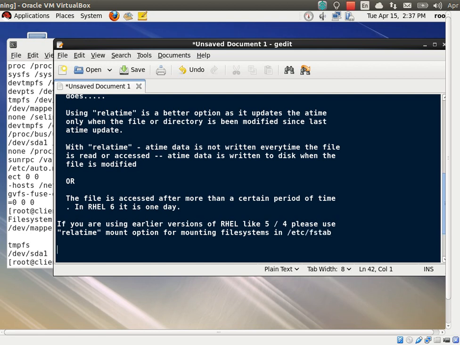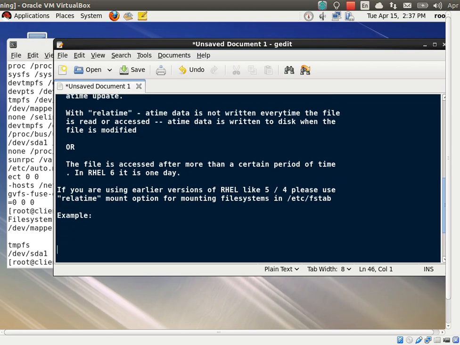What you need to do is simple. Here is an example: the device, say /dev/sda1, anything, a mount point, then ext4, then defaults, and right here relatime.